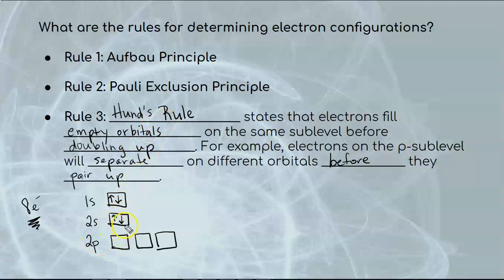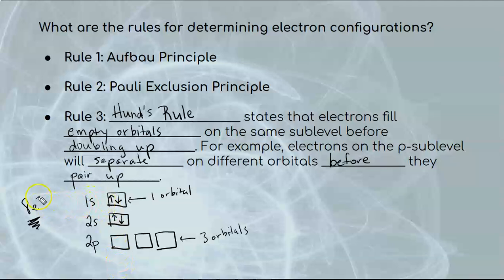Hund's rule states that electrons fill empty orbitals on the same sublevel before doubling up. Whenever we have an s sublevel, there's only one orbital, right? So Hund's rule doesn't really play a role. But on the 2p sublevel, there are 3 orbitals, so these electrons are going to separate before they pair up.